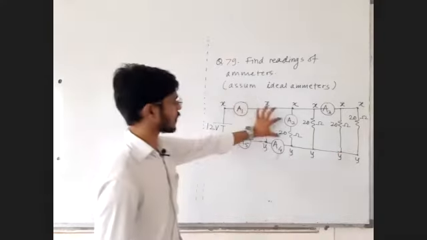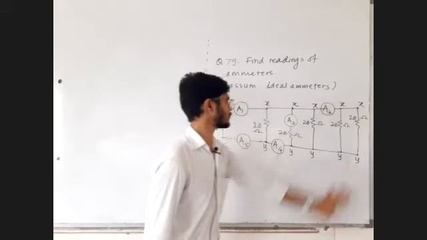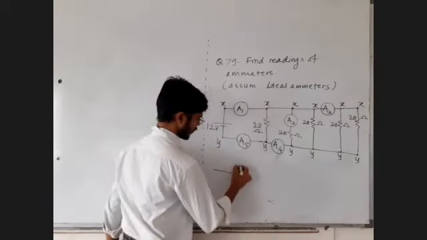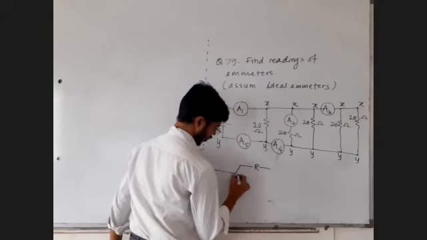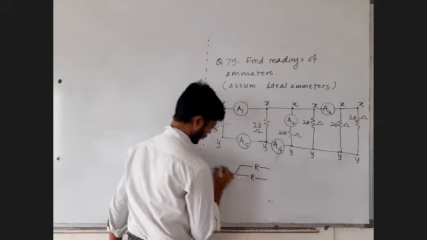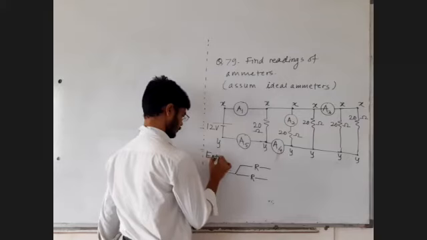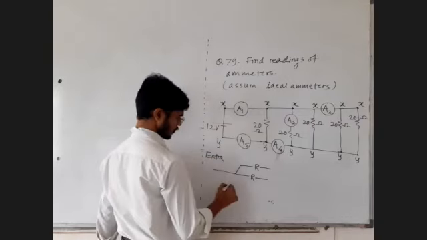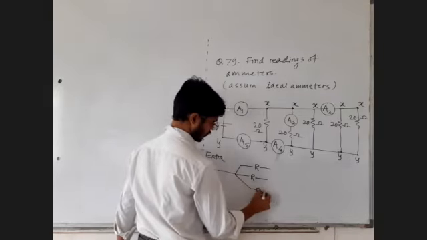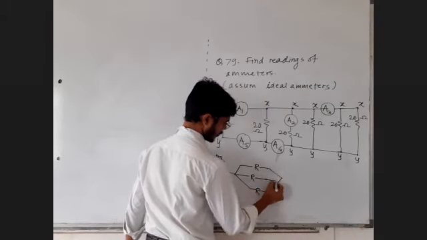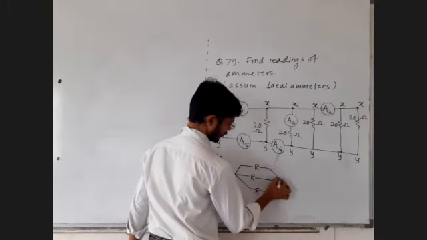So all the branches have equal resistances. Now I already taught you this, extra point: if all the branches have equal resistances, then current will also divide equally.